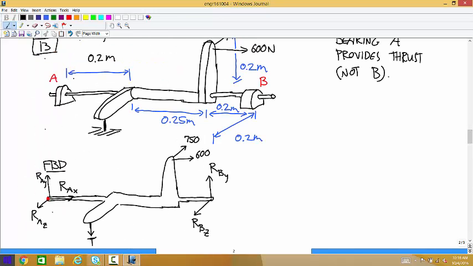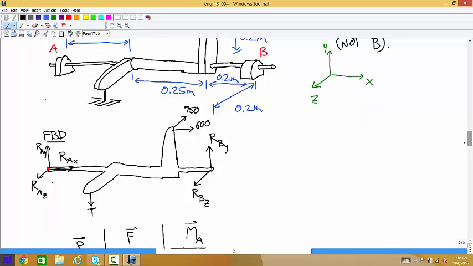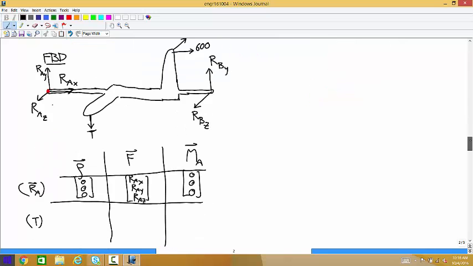To get to T, you go 0.2 in the positive x direction, and then let me draw the orientation of the coordinate system here. This is our x-axis direction, y-axis direction, z-axis direction. To get to this point, we're going 0.2 in the x direction, and then 0.2 in the z direction, nothing in the y direction.